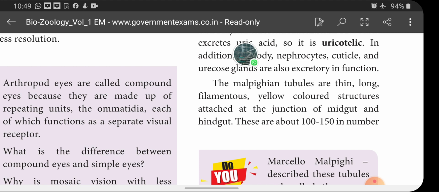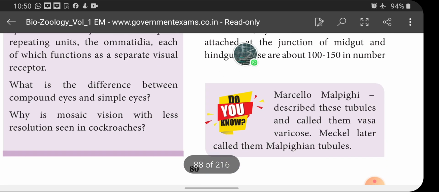The alimentary canal consists of three regions: foregut, midgut, hindgut. At the junction of midgut and hindgut, the Malpighian tubules are present, which are long, filamentous and yellow colored. These are about 100 to 150 in number.